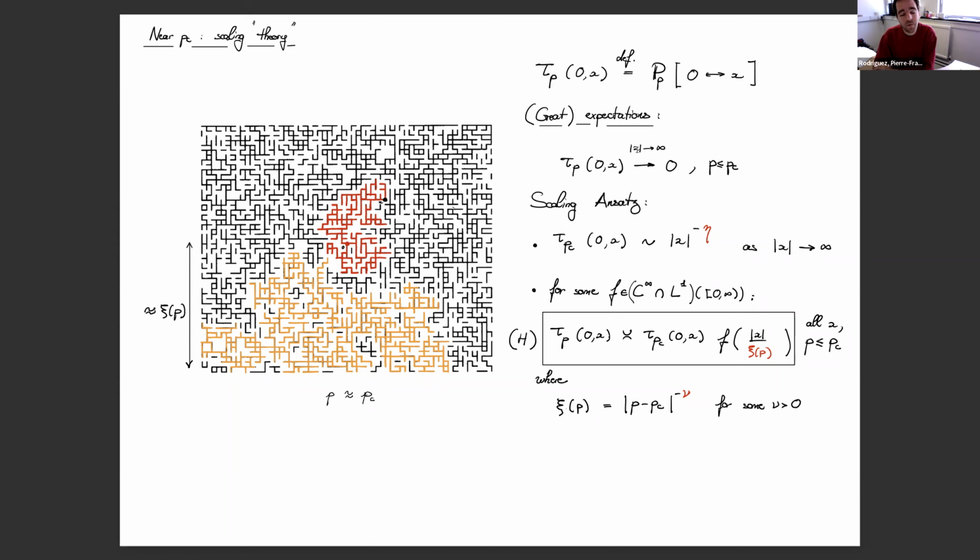And what physicists expect is that, in fact, at the critical point, this function has polynomial tails. This relates to the idea that at the critical point you see these mesoscopic clusters which are fractal and have polynomial tails.